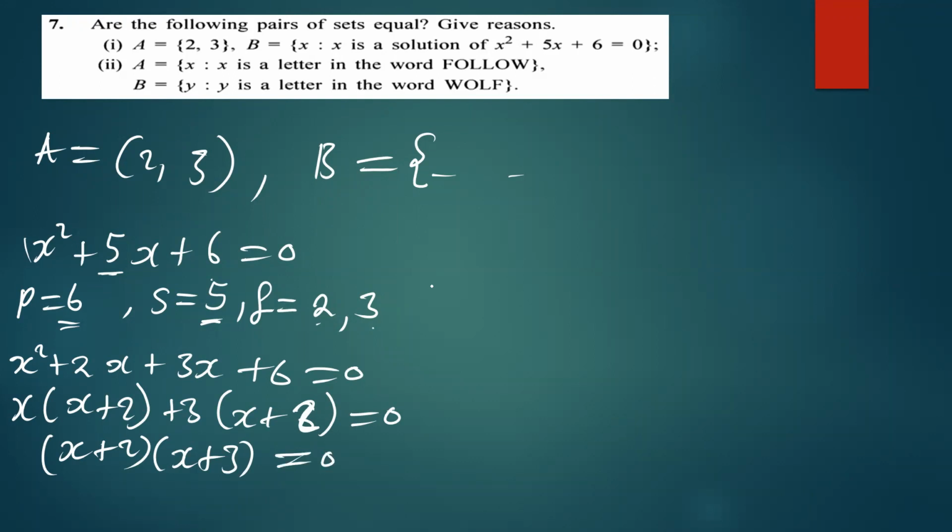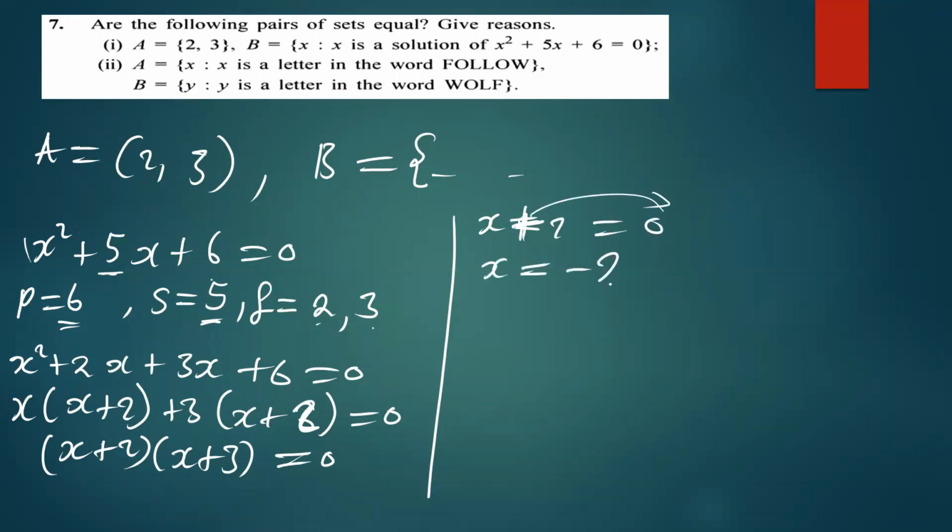So when you equate these two to 0, you're going to have x plus 2 becoming what? We say x plus 2 is equal to 0. So when this crosses the equal sign, we have x being equal to what? -2. And then we do the same with x plus 3.